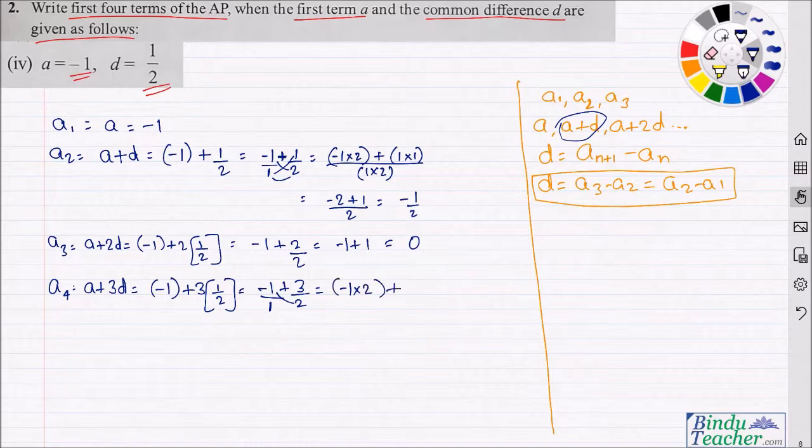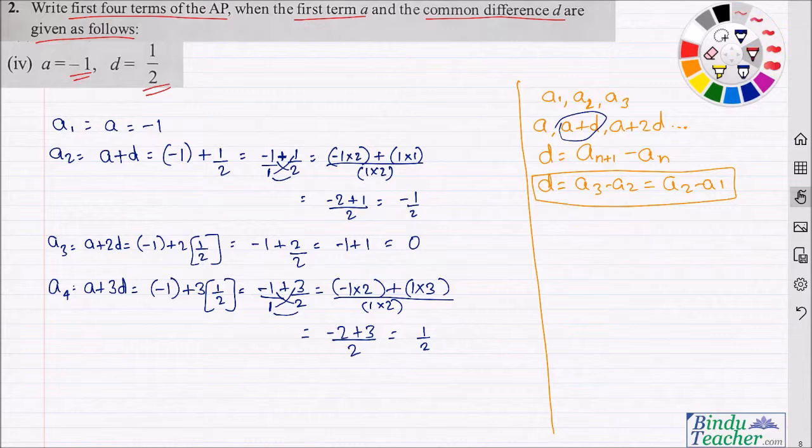Then the plus sign. Then again the numerator into denominator, 1 into 3 divided by denominator into denominator, which will give me -2 plus 3 divided by 2, which is 1 by 2.